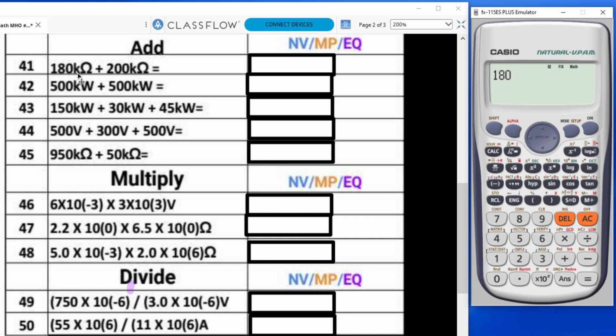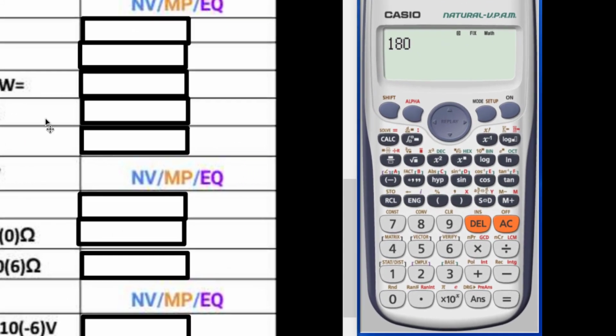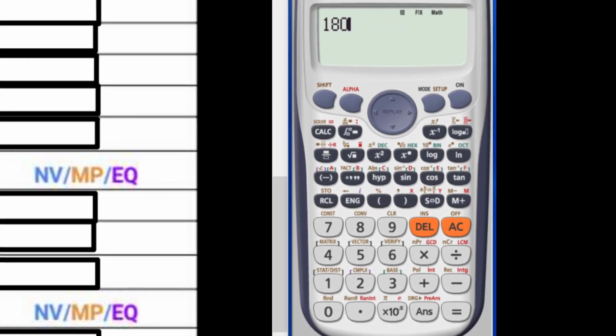Now I have to do my times 10 to the third for my kilo, my lowercase k. Now looking at the calculator, it is essential that when you get ready to do times 10 to the third, you hit the middle button on the bottom row, right here. This is your exponent button. Times 10 to the whatever. Well, in this case, we know that it's times 10 to the third.